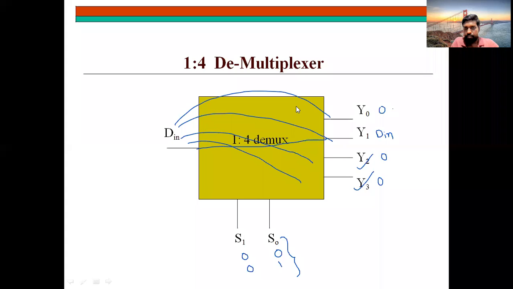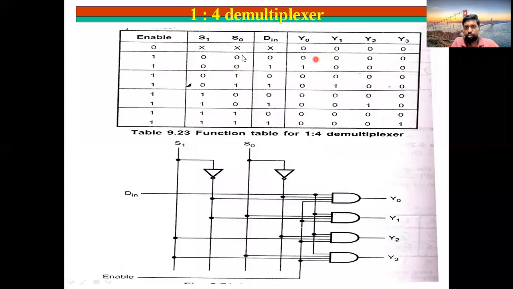When you see the truth table, it will be easy for you. Sorry for the inconvenience. See the truth table here. Suppose enable is equal to 0, irrespective of the inputs, you won't get any output, which you know already. Only when enable is equal to 1 will you get outputs. When S1 and S0 both are 0 and Din is equal to 0, no input is given, so obviously the output will be 0.